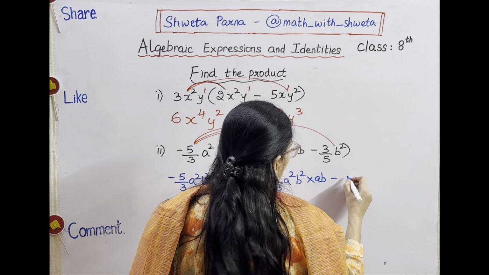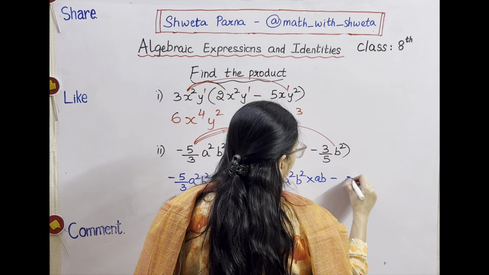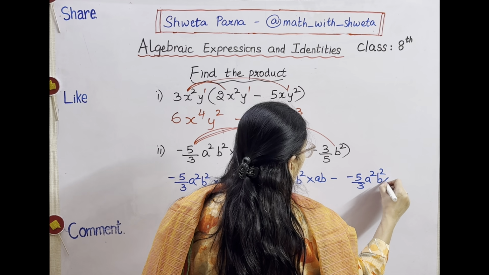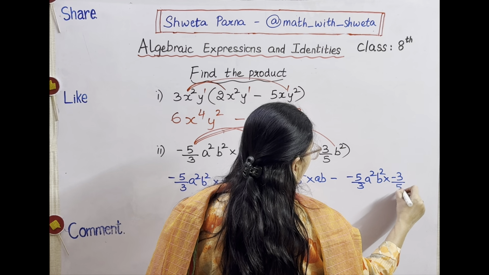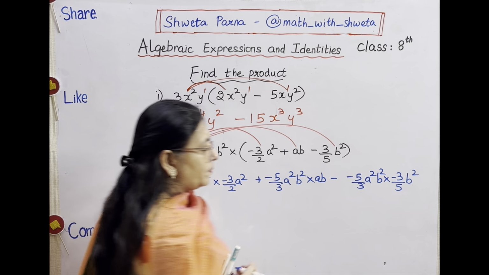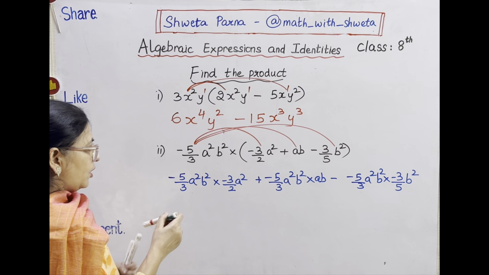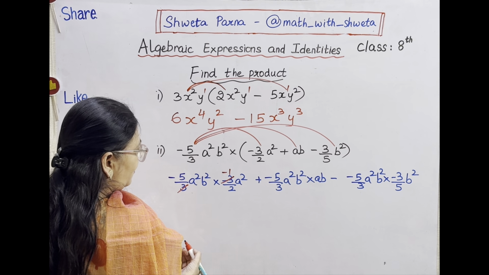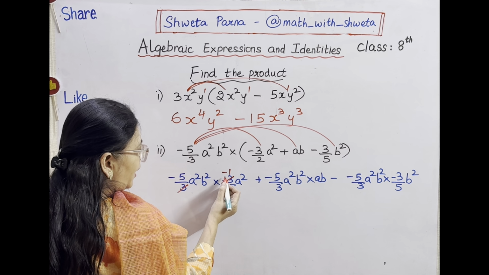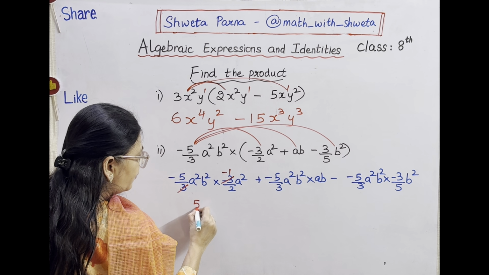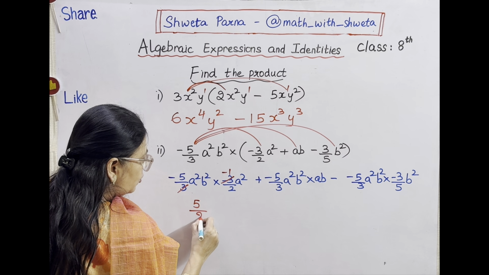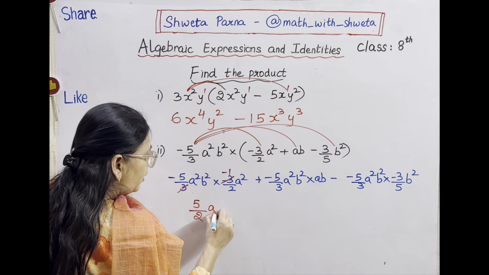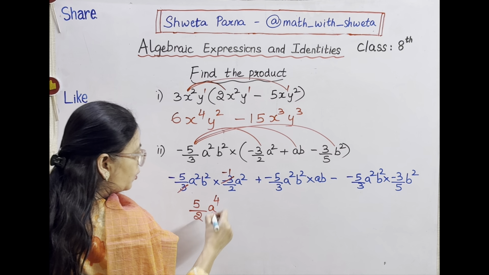Minus sign. Minus of minus 5 upon 3 a square b square into minus 3 upon 5 b square. Let's solve this first. Now 3 and 3 get cancelled, minus 1 is left. So minus 5 into minus 1 is 5. Denominator has 2. A square into a square is a to the power 2 plus 2, which is 4.